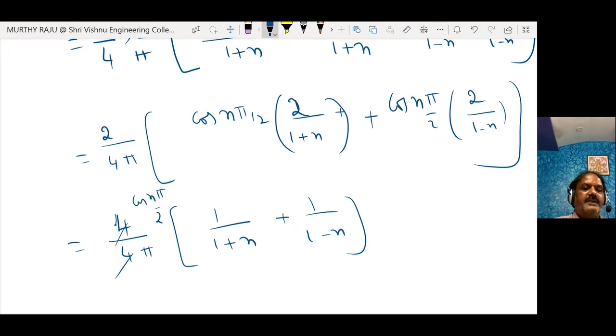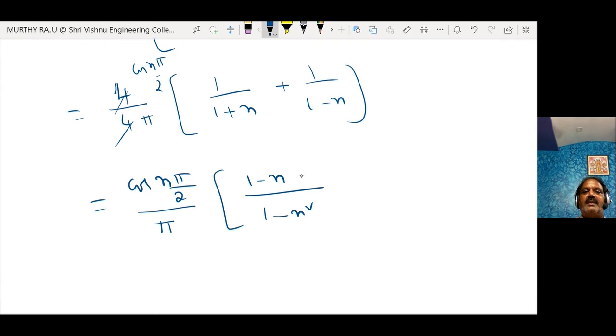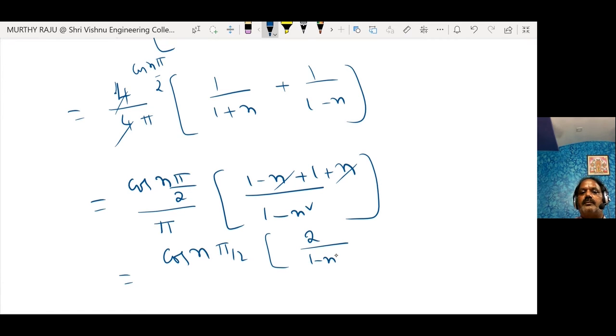The 4 cancels. Therefore, the final one is cos n pi by 2 by pi, 1 plus n into 1 minus n, that is 1 minus n square. These two are cancelled. Cos n pi by 2, 2 by 1 minus n square by pi.